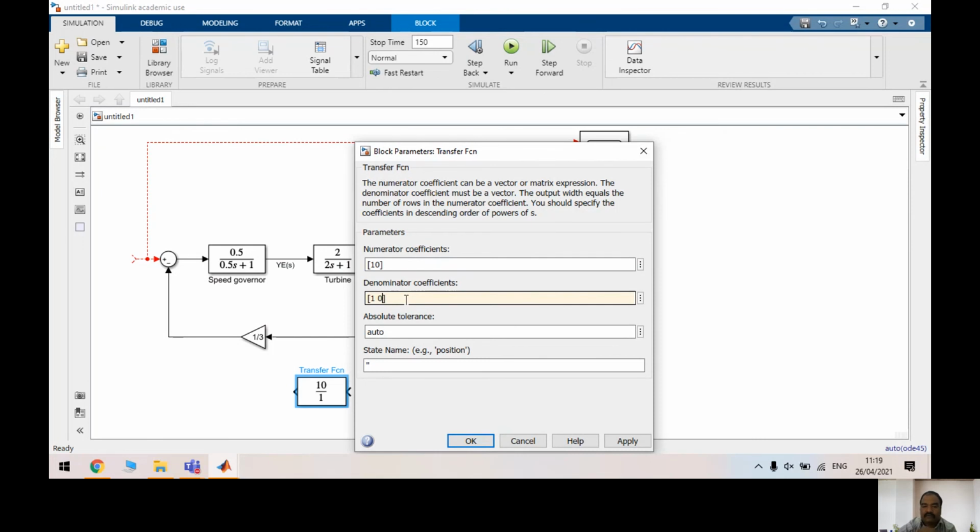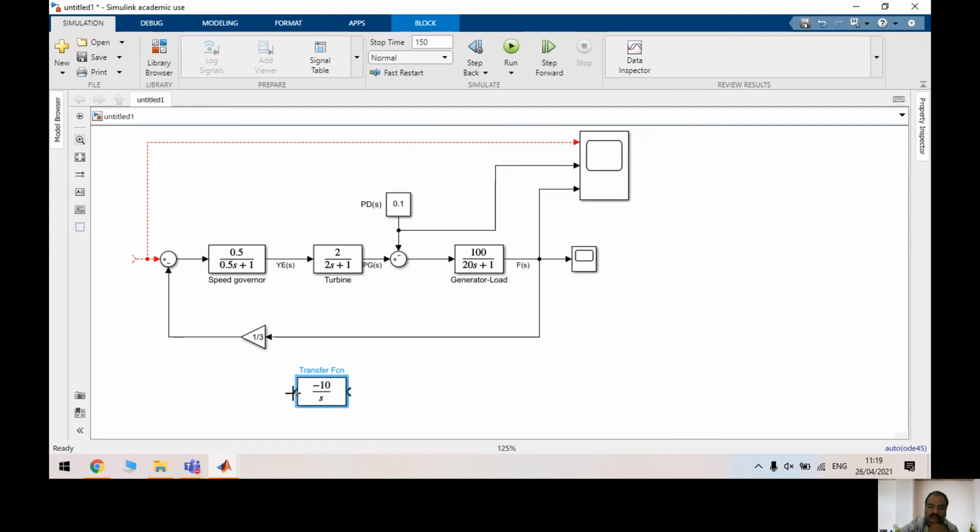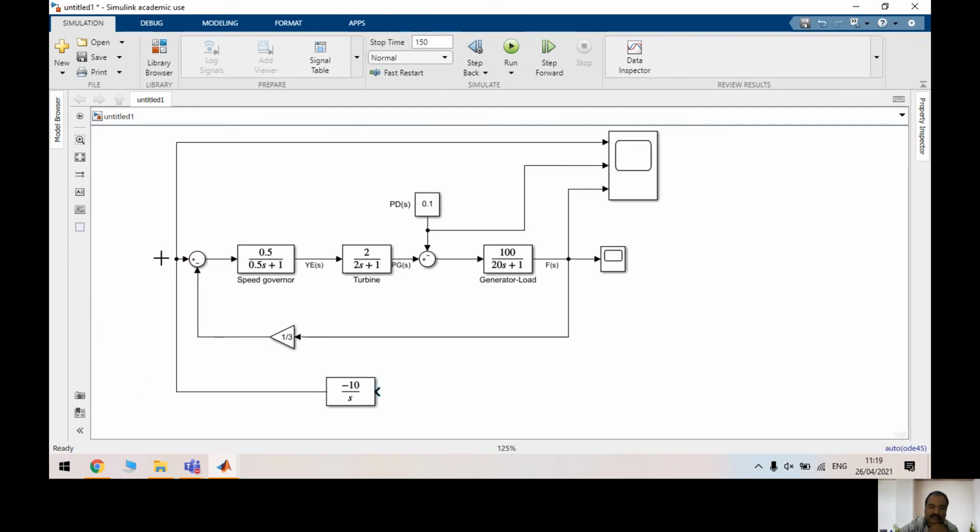What is an integral controller? 1 by s, right? So I'm going to choose a negative integral action, which will act as a feedback for me. Now I'll show it to you. I'm just removing the manual command, and to do that I'm including an integral controller in the system. Now let's see.